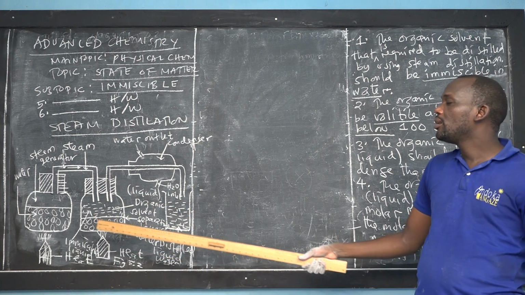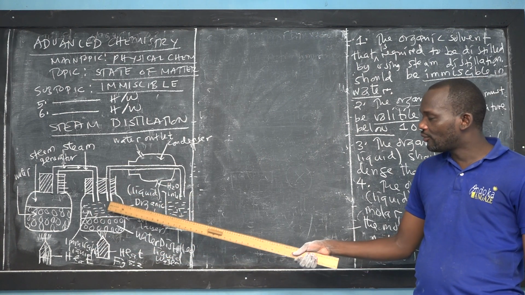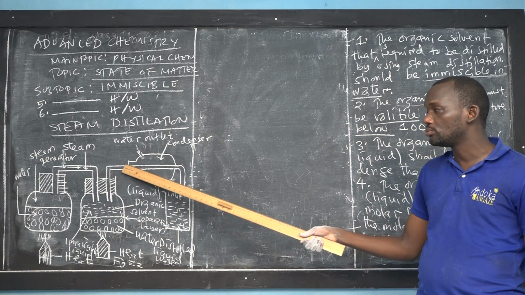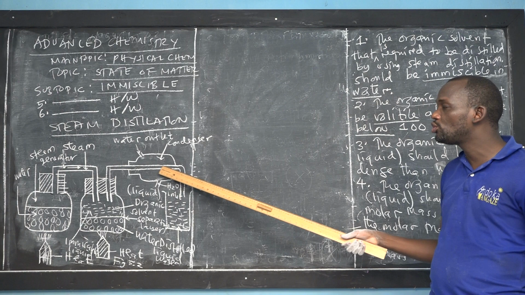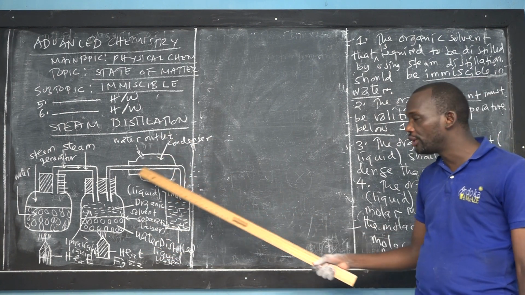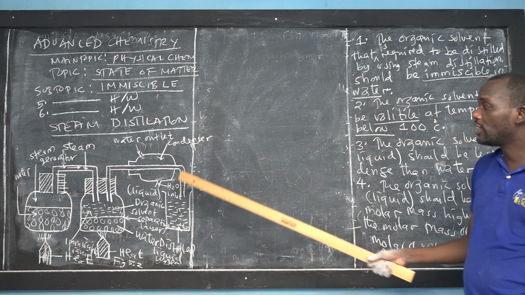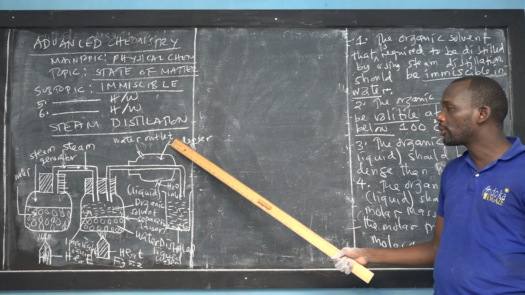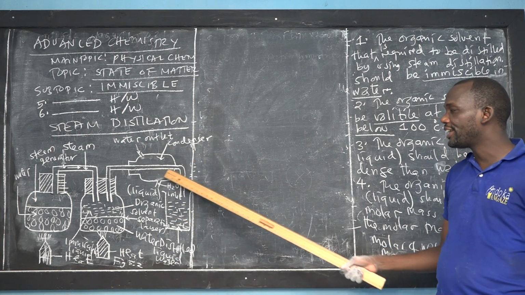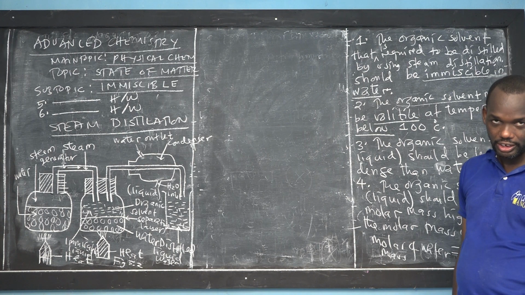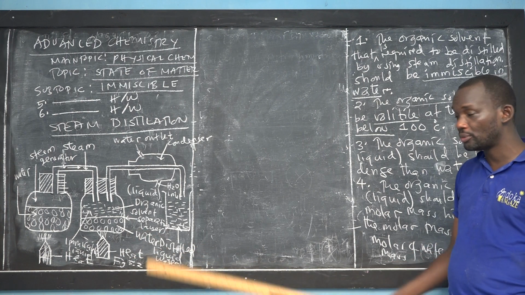So the volatile organic solvent will pass through this tube to the condenser, where sometimes cooling material is used to cool the steam with the volatile solvent. When the cooling takes place at the condenser, we finally collect the distilled organic solvent from the immiscible liquids.